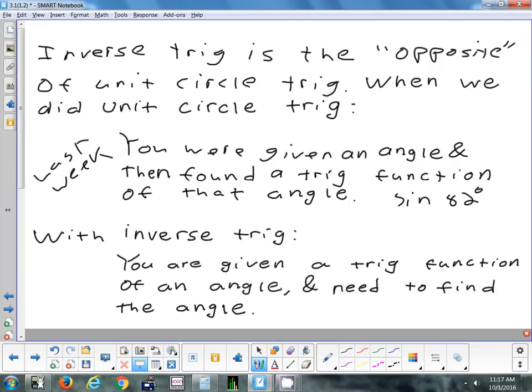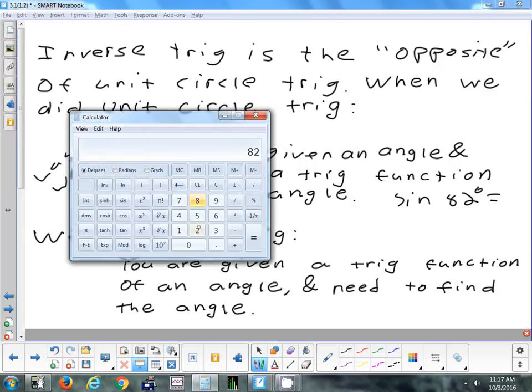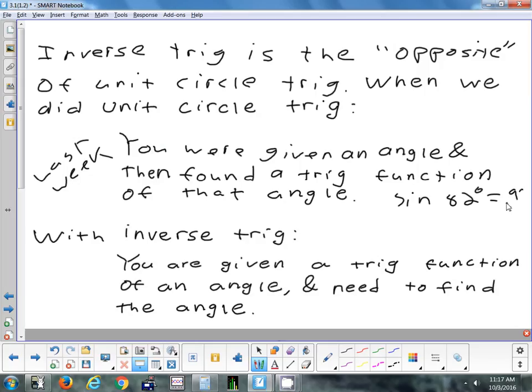Okay, this week, let's figure out what that comes out to. Sine of 82 is about 0.99. So this week, what I would do is I would give you the 0.99, and I would say, what angle would I take the sine of and get 0.99 as the answer? So that's the difference this week.